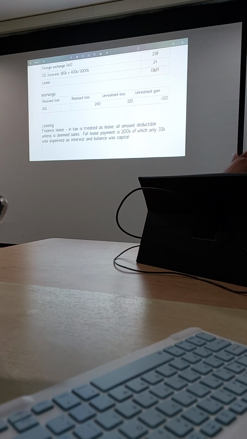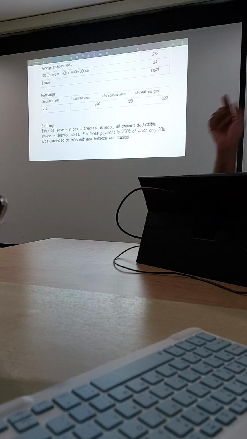In accounting, you don't treat the lease that way under IFRS 16. You have to recognize the right of use asset and you recognize the lease liability, correct? So when you pay your installment, you don't treat the whole thing as a deduction. In your accounts, you only deduct the interest expense. The balance goes to payment of capital, yes or no? Got it? That one is in accounting.